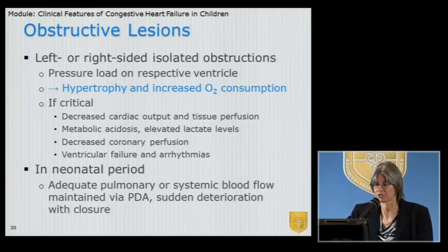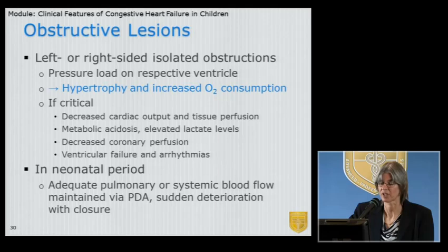Obstructive lesions, left or right-sided isolated obstructions. You have a pressure load on your respective ventricle, which leads to a significant hypertrophy and increases your O2 consumption. If critical, you have a decreased cardiac output and tissue perfusion, metabolic acidosis, your lactate level goes up, you have decreased coronary perfusion, your ventricle fails, you have arrhythmias, and you die.